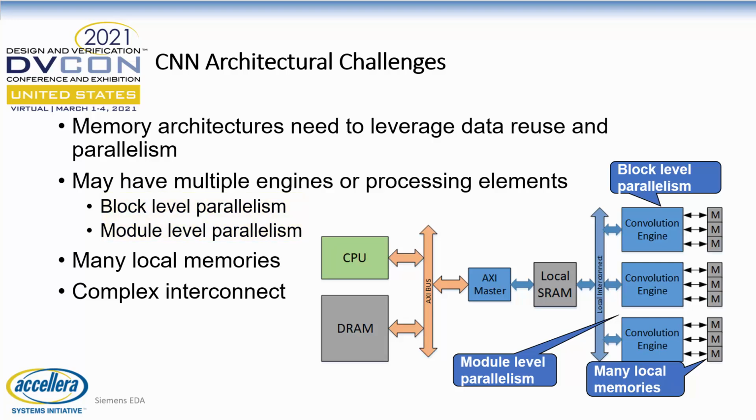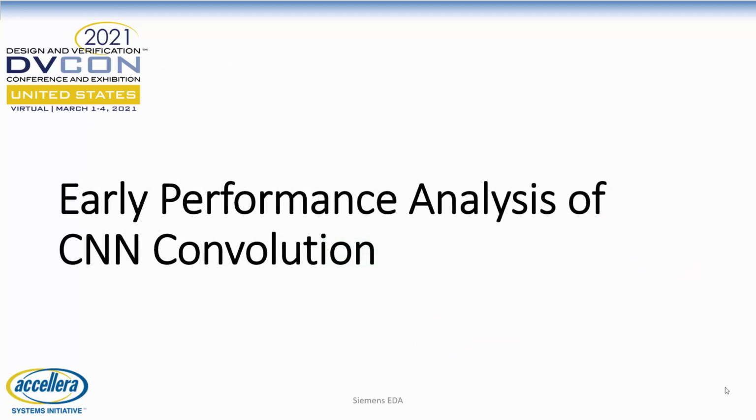The convolution engines will typically have many local small memories, as well as a complex interconnect in order to connect to some type of system bus, such as AXI4. The next section in this presentation will cover how we can perform early performance analysis of a CNN convolution using MatchLib.